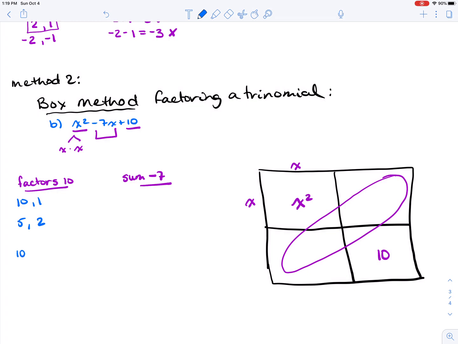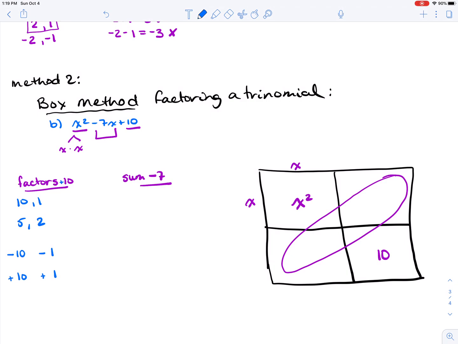I'm going to put 10 and 1 here. Well, I know that I can have negative 10 and negative 1, and I can have positive 10 and positive 1. Because my 10 is positive, it has to be both negative or both positive.